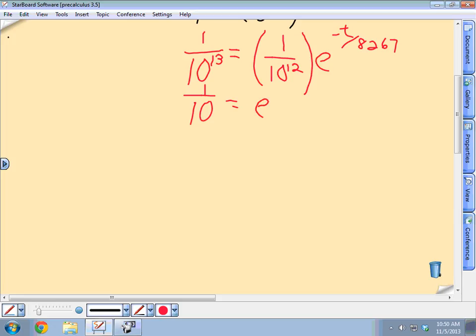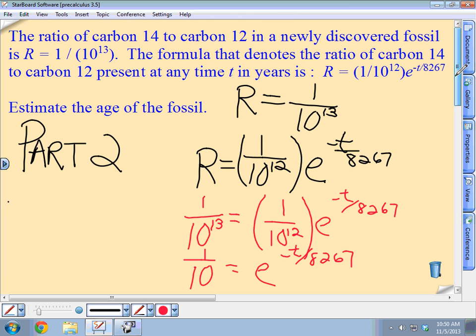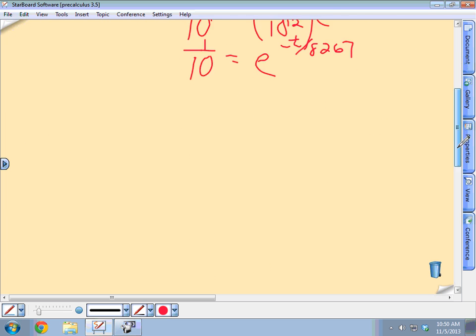Are we trying to find T? Yes, T is the age of the fossil in years. Now what? Take the natural log of each side.